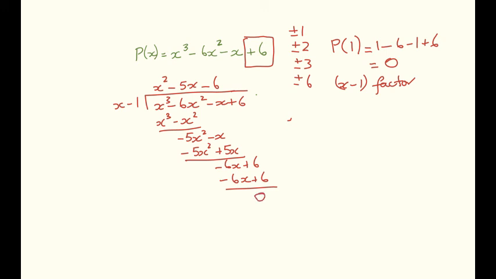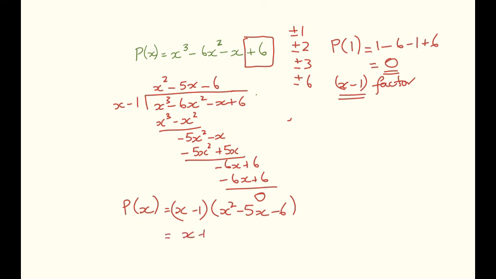So indeed there is no remainder as we expected, and therefore x minus 1 is a factor, and the other factor is this one. So I could say therefore p of x equals x minus 1 times x squared minus 5x minus 6. And then once I get down to the level of a quadratic, I have tools for working on that.